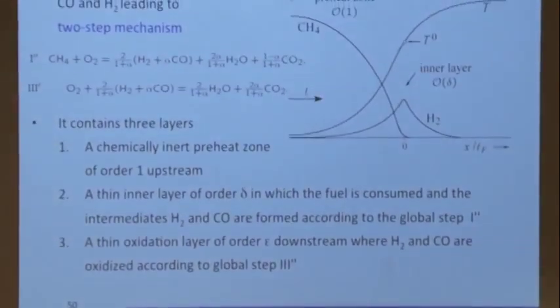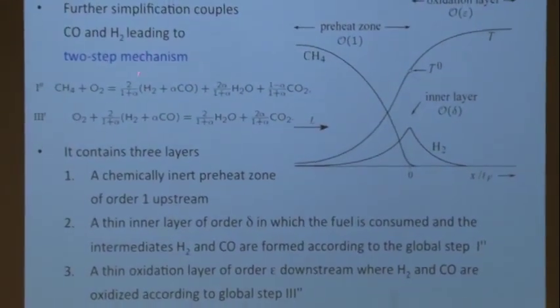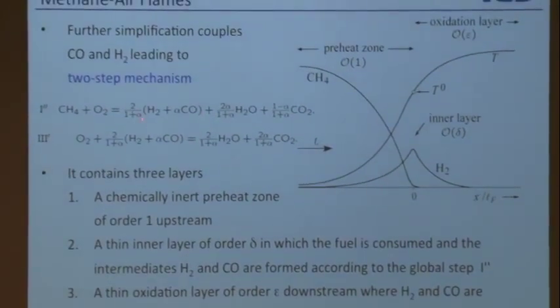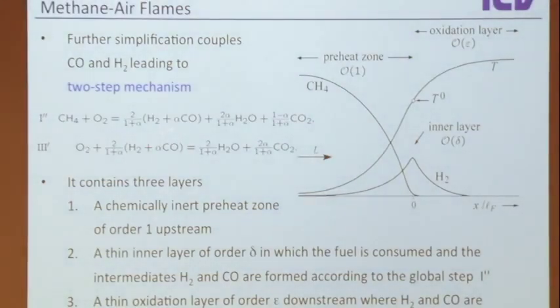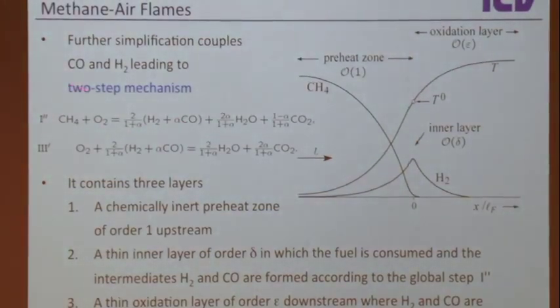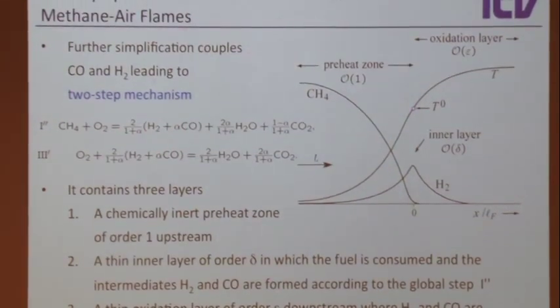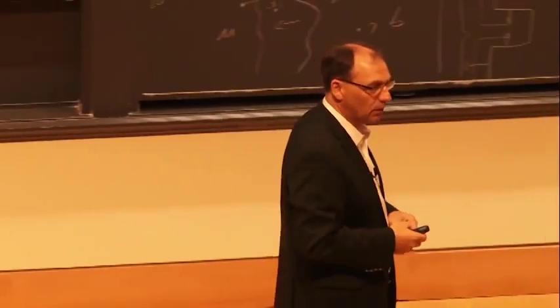You see here there is this H2 plus alpha CO. This appears like one single species, okay? So these are coupled, which is why you get rid of the CO oxidation, and then you get to a 2-step mechanism.